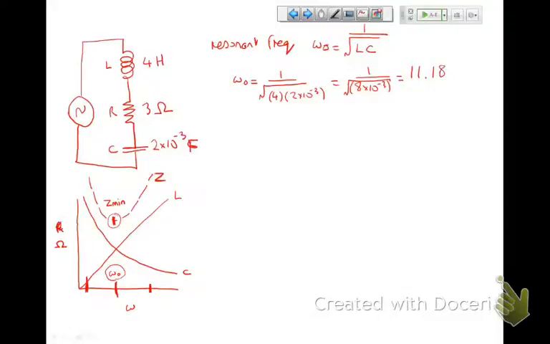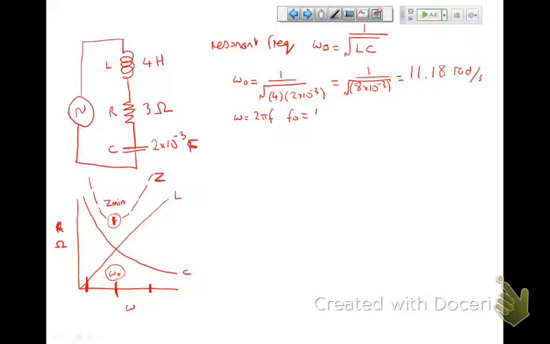Now, what units do I have? The clue is in the symbols. It's going to be radians per second. Just for a laugh, let's remind ourselves, omega equals 2 pi f. Yeah? So what is f naught?